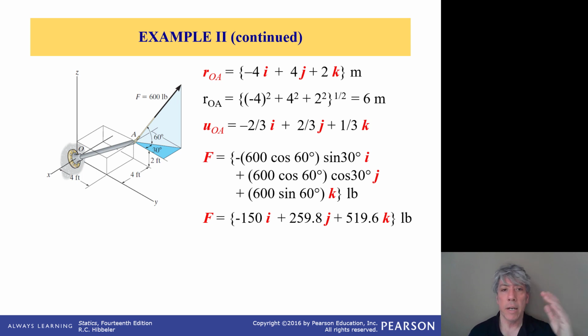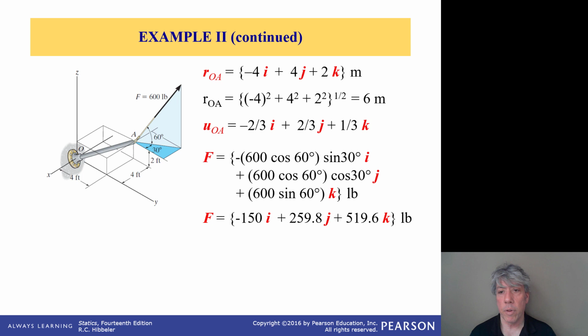Okay, so to calculate the projection of that 600-pound force onto that elevated plane that's elevated by 2 feet, fortunately they used pounds here, so they did that right, it's 600 times cosine of 60, because notice the 60-degree angle is touching the line along which we want that component of the force. And then in order to calculate the component along the x-axis, they took the sine of 30 degrees, and of course you attach a negative sign because it's a component pointing in the negative x direction.